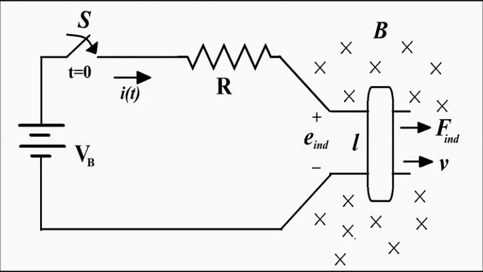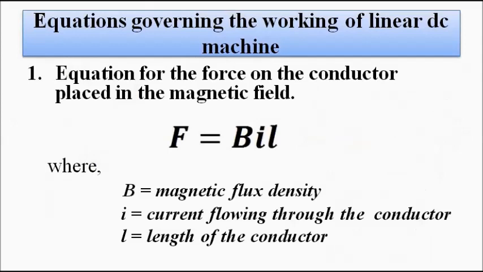Otherwise you can have some confusion. Okay, so in this linear DC machine, a number of equations are involved related to the various aspects. So the first equation is for the force acting on the conductor which is placed in the magnetic field.